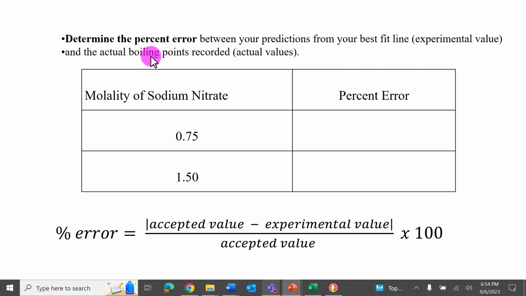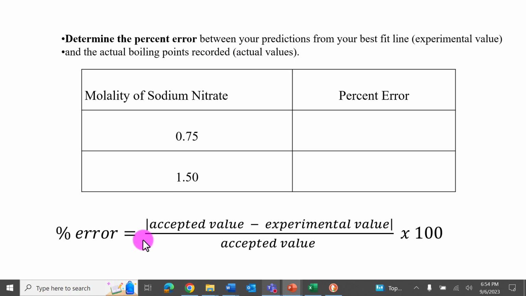Then you are supposed to calculate the percent error between your predicted values, right? So from the best fit line, your experimental value for those boiling points of the solution and the actual boiling points that were given to you in the previous slide.